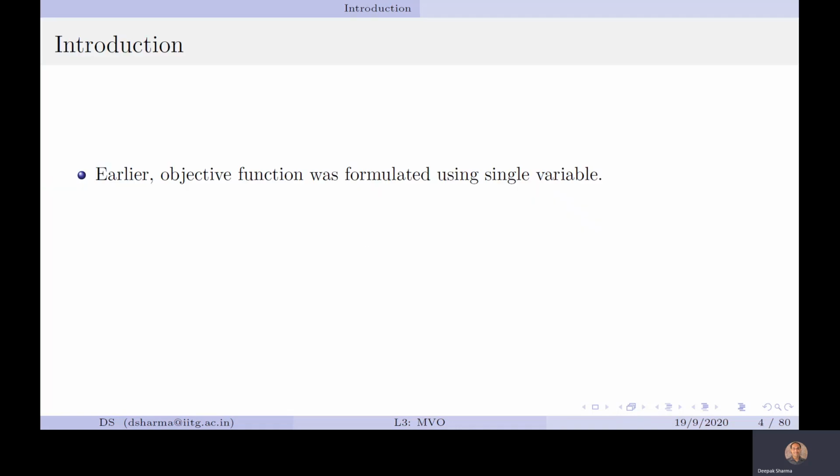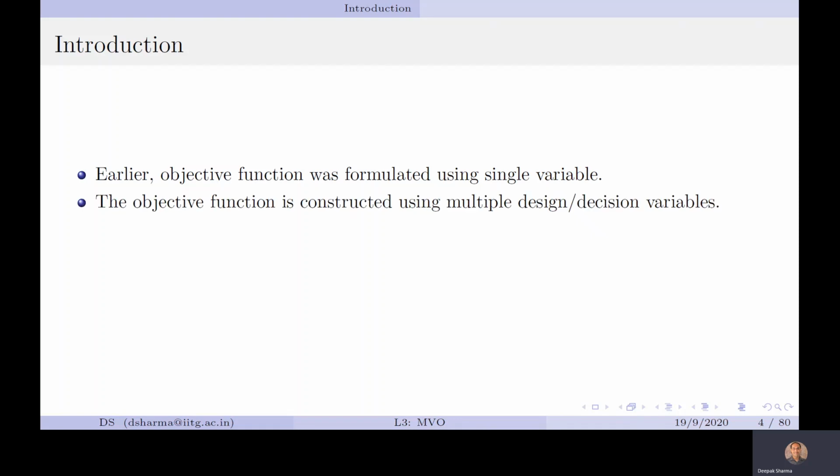So let us begin with the introduction to multivariable optimization. In the previous chapter, the objective function was formulated using a single variable.